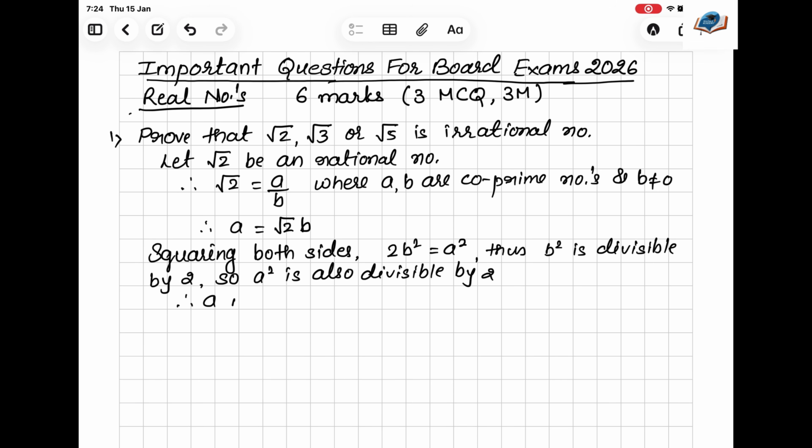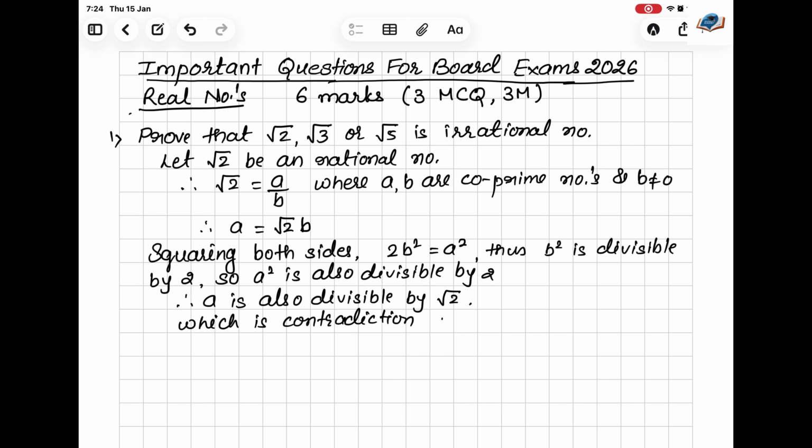Therefore a is also divisible by 2, which is a contradiction, as a and b are co-prime numbers. Therefore root 2 is irrational.